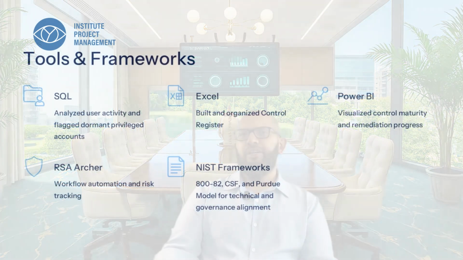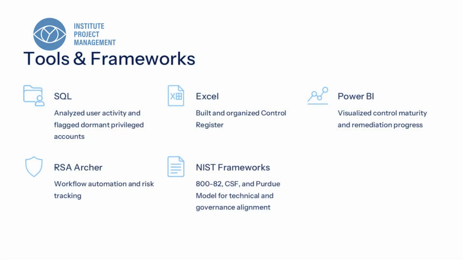So every issue I found was documented in a tool. Here I like to mention Excel, which I used in my previous project as well. Mainly, I used Excel to build the control register, and it included a control reference mapped to NIST functions, description of the gap, root cause, control maturity level, risk ratings, and recommended action.